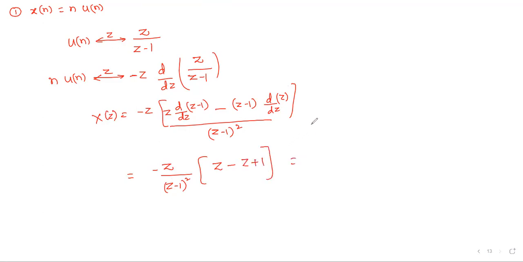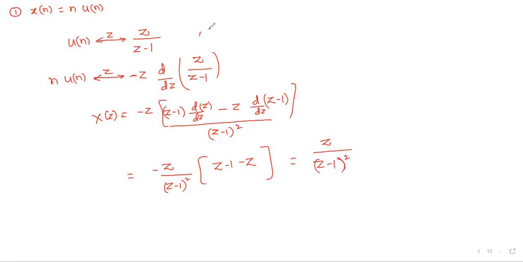So here we will get z minus 1 minus z. Minus into minus becomes plus, so we get z by (z minus 1) whole square.